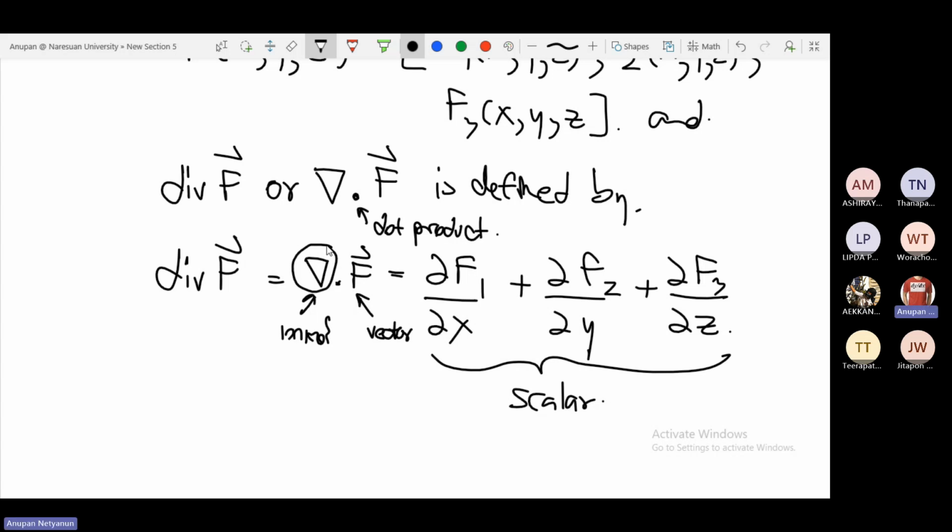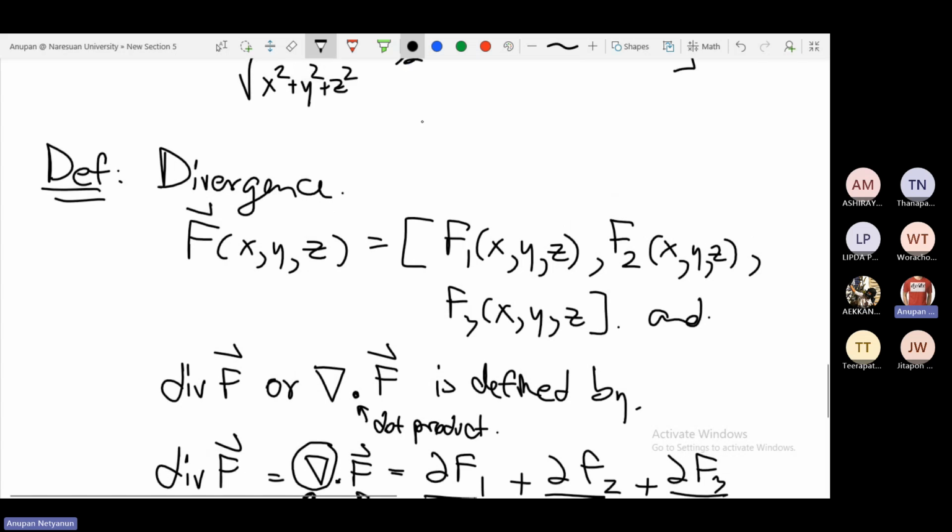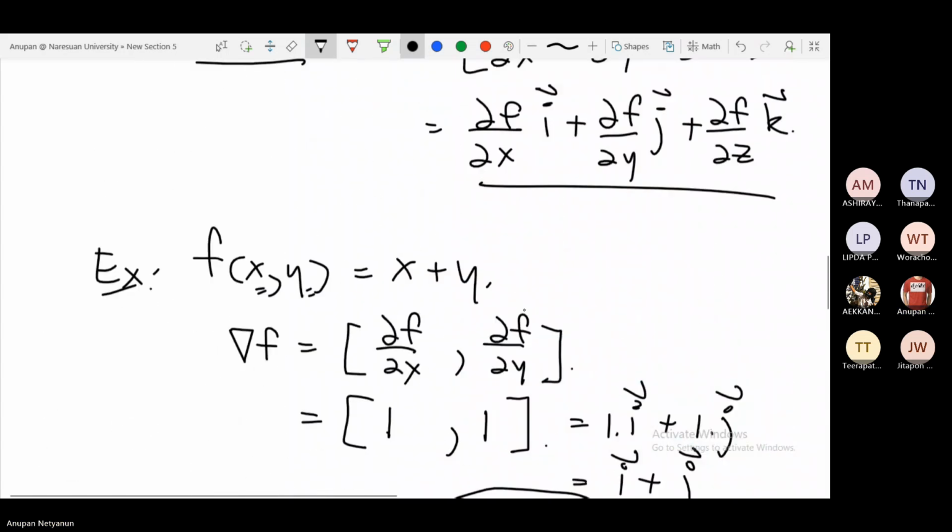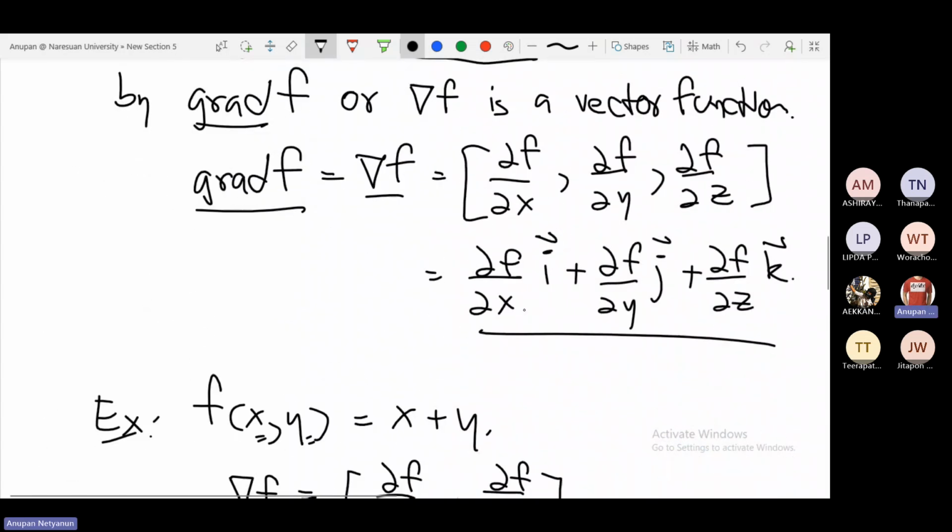Now you might wonder what this is, and it came from the definition of the gradient, right? This gradient of f.